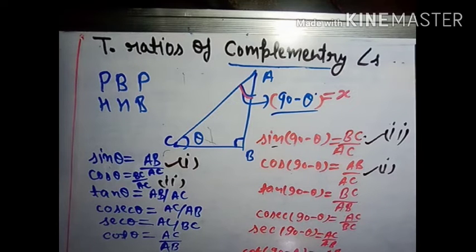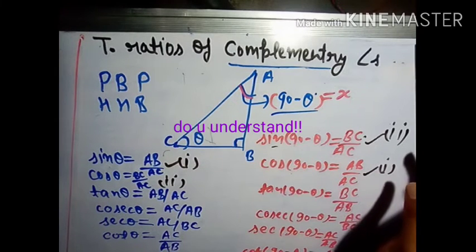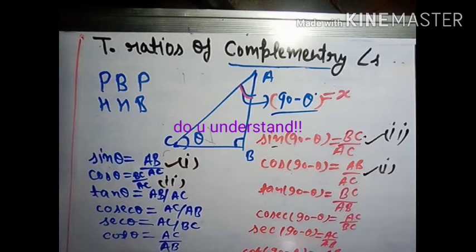I don't want you to mug up these things, because these concepts are so simple, and if I start doing that, it will only take time. So now, do you understand about this? If you still don't understand, then tell me in the comment section. I will make a separate video for this, okay?